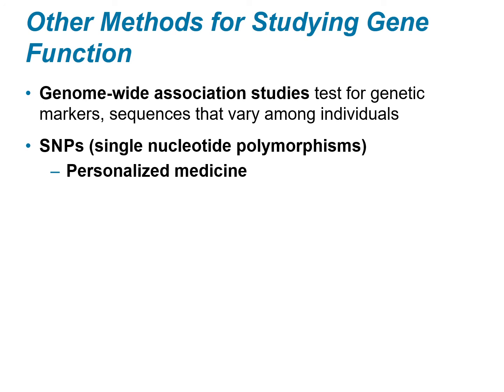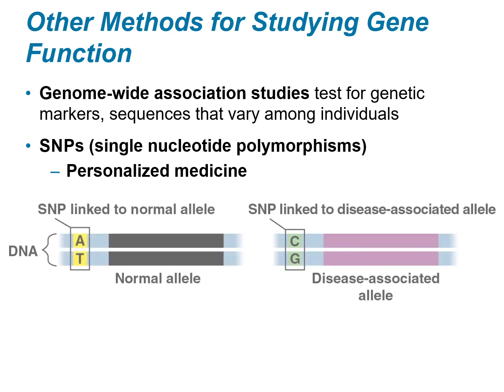So if you can take the person's genome, analyze the SNPs, and determine what mutations or variations they have which are associated with a positive or negative response to a medication, now you can design a treatment for that particular individual based on their specific genetic composition. There's a lot of studies right now, and we're working towards this ability to perform personalized medicine.